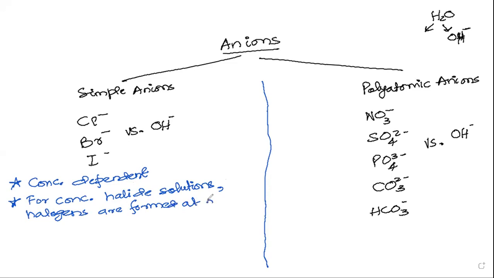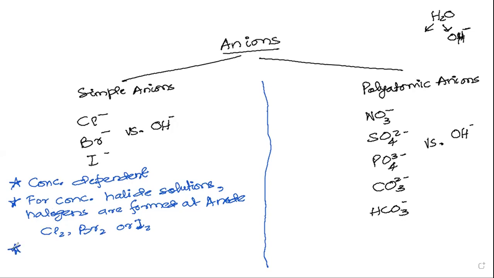So at anode, chloride can form chlorine gas, bromide can form bromine liquid, or iodide can form iodine solid. So halogens are formed: Cl2, Br2, or I2 would form depending upon the case, whichever ion is present in the system.